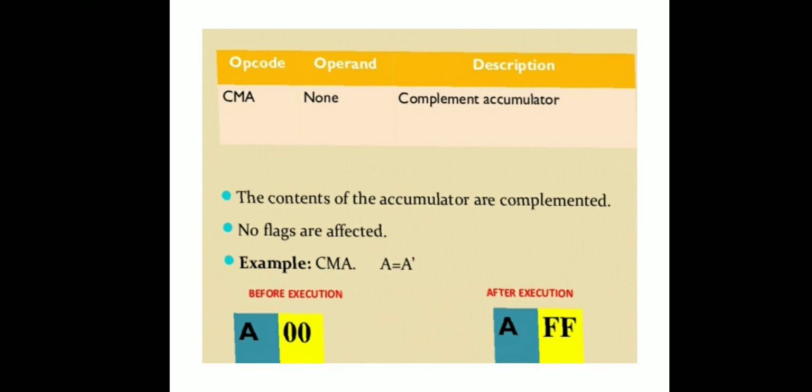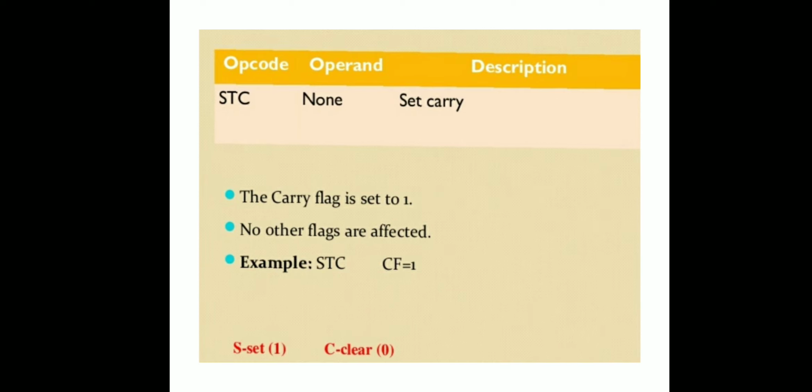Then after this instruction, the accumulator becomes FF. This instruction is used to set carry. The carry flag is set to 1. After execution of this instruction, the carry flag becomes set.